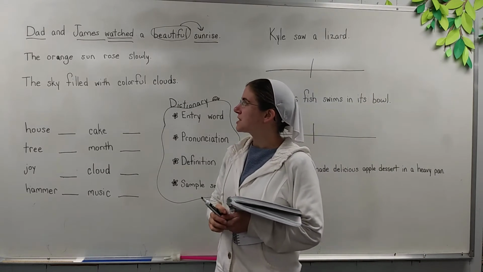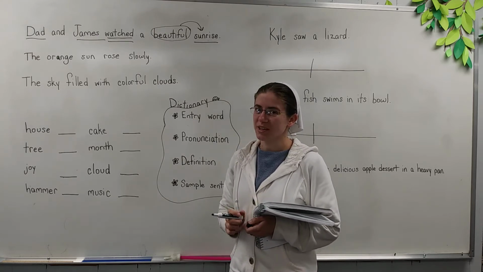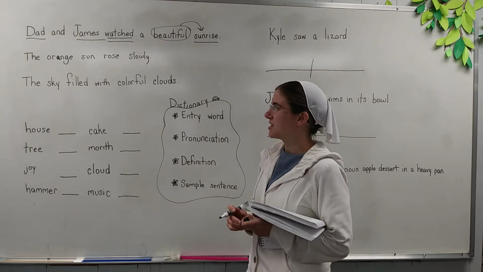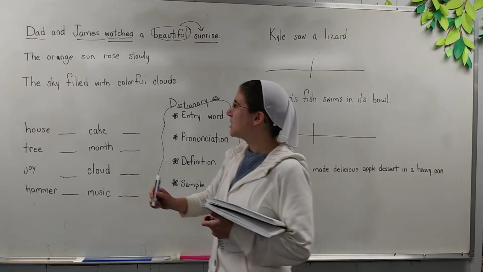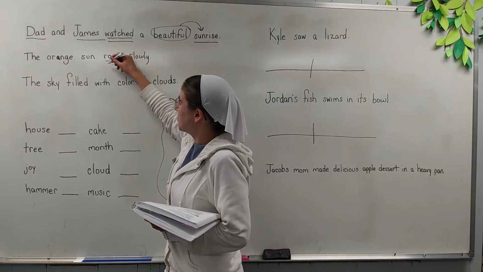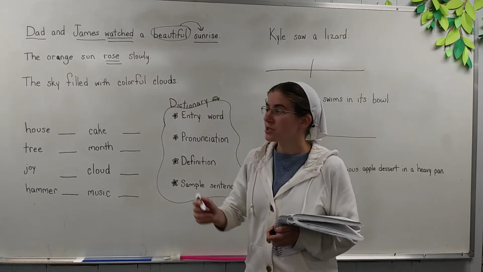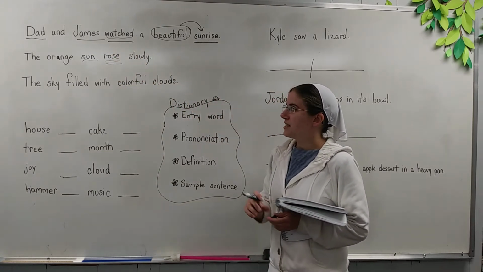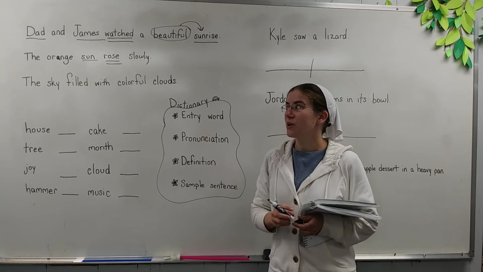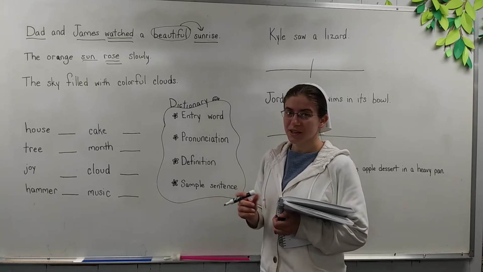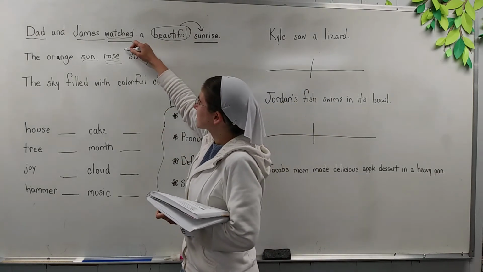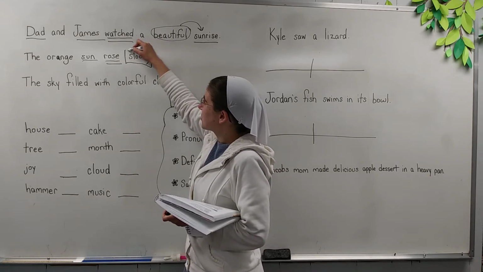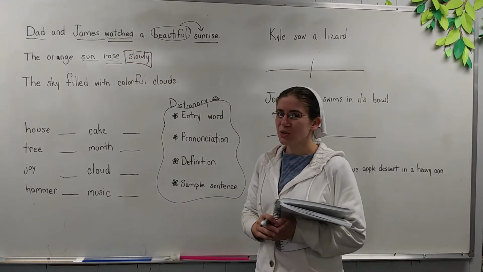Let's go to the second sentence. The orange sun rose slowly. What is the action in the sentence? Our verb. The orange sun rose. What rose? The sun. Okay? Any adverbs in the sentence that tell how the sun rose? Yes, we have one. Slowly.